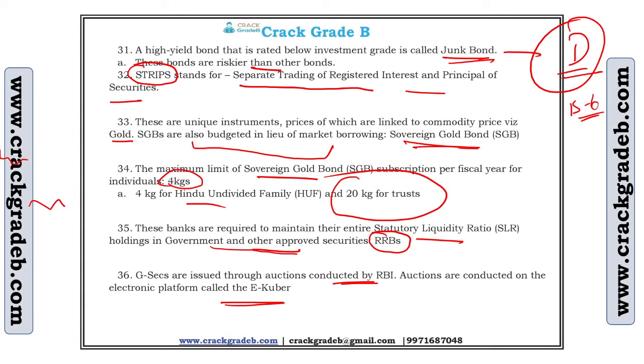But all this technology is connected to a unified platform of the RBI, that is eCubed, right? So these auctions are conducted on the eCubed platform, and banks participate through that. Okay, and also the primary dealers who deal in government securities are also participants in the eCubed.